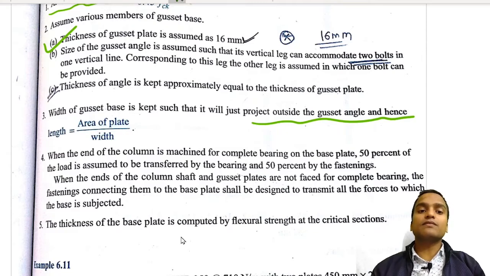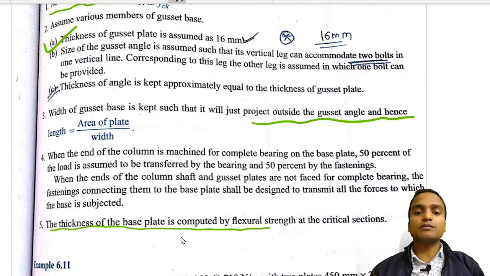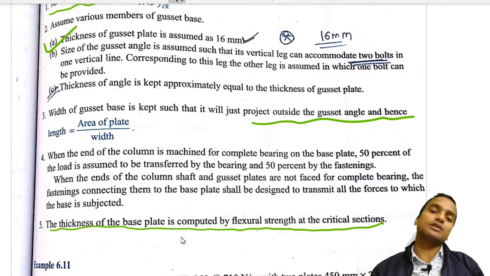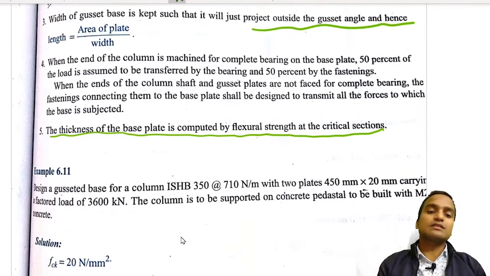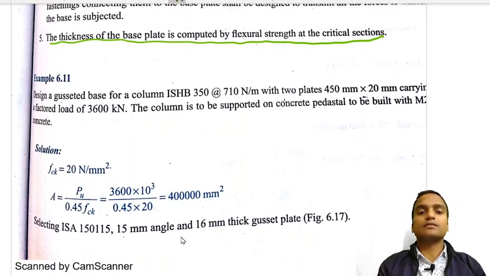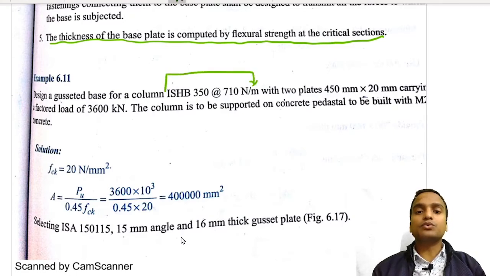Then when the end of column is machined, for this you can read, and the thickness of base plate is computed by flexural strength at the critical sections. So you can see in this case here it is being asked to design a gusseted base for a column of ISHB 350 with 2 plates.